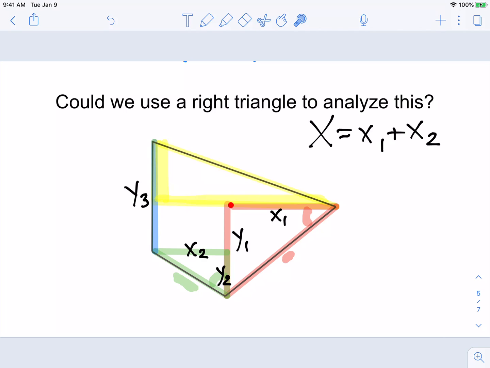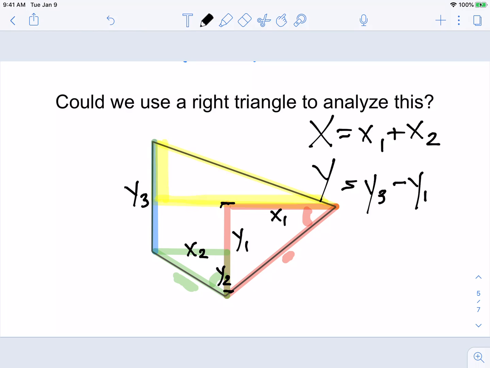So if we look, y1 is going down, y2 goes up, and then y3 is going all the way up to the top. So if I want to know this overall y piece here, this gets a little tricky to write. My overall big y component, the yellow part I'm talking about, is going to be y3, and then I'm going to have to subtract off this y1 value from y3.